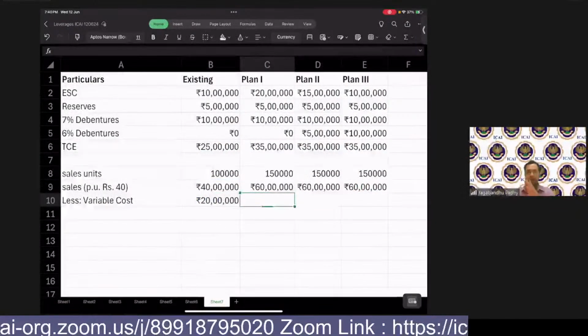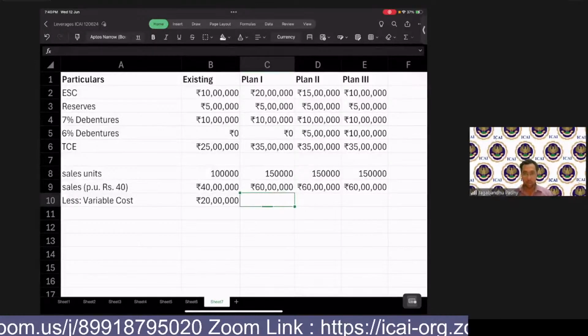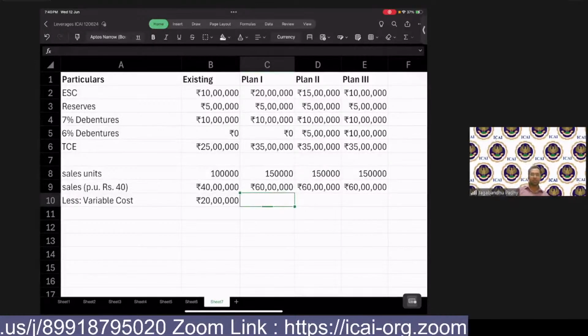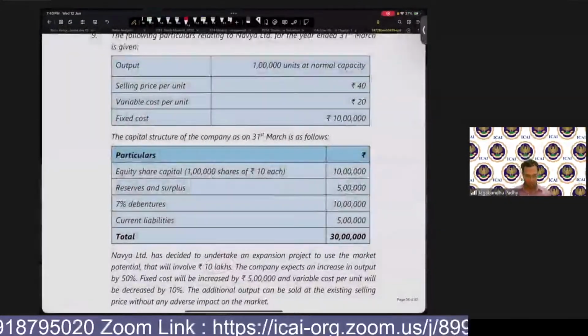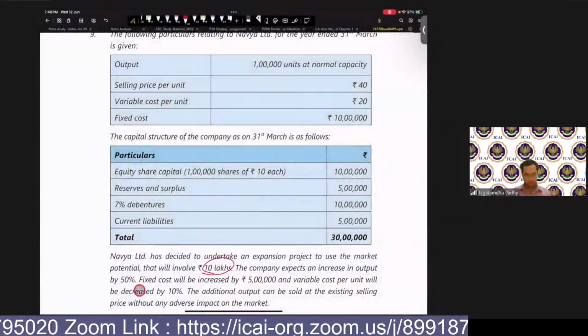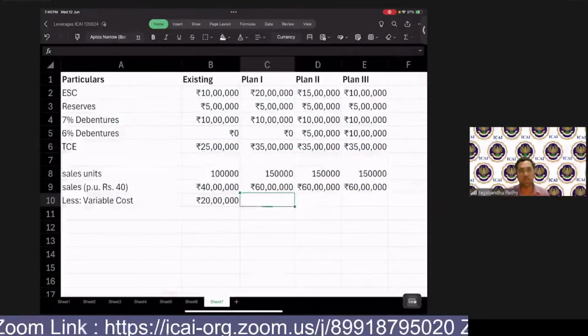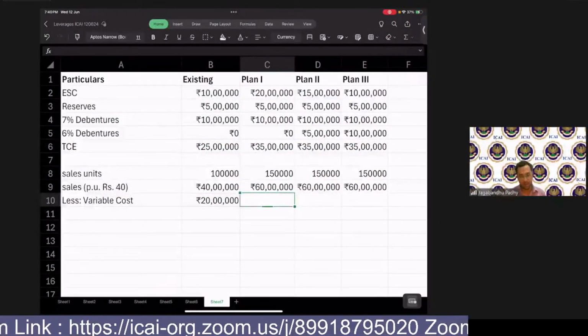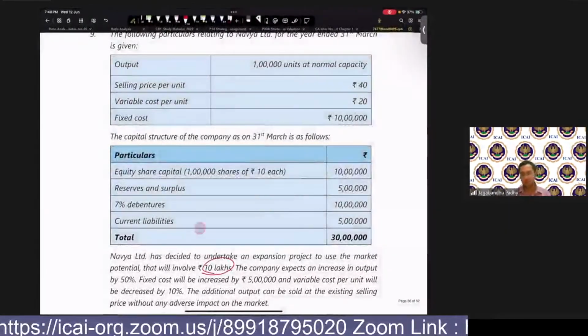But for plan 1, 2, and 3, we need to notice that variable cost per unit is going to decrease by 10%. Since the variable cost is going to decrease by 10%, originally the per unit cost was 20.